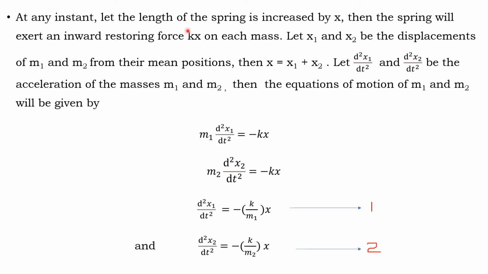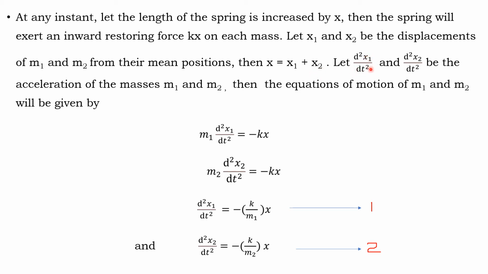Let the length of the spring be increased by x at any instant. Then the spring will exert an inward restoring force kx on each mass. Let x1 and x2 be the displacements of m1 and m2 from their mean positions. Then x is equal to x1 plus x2.